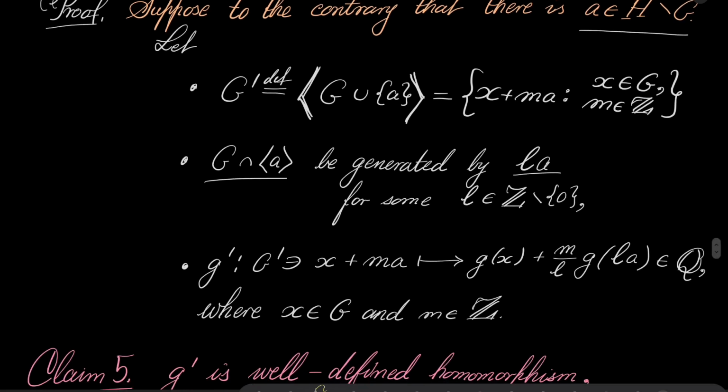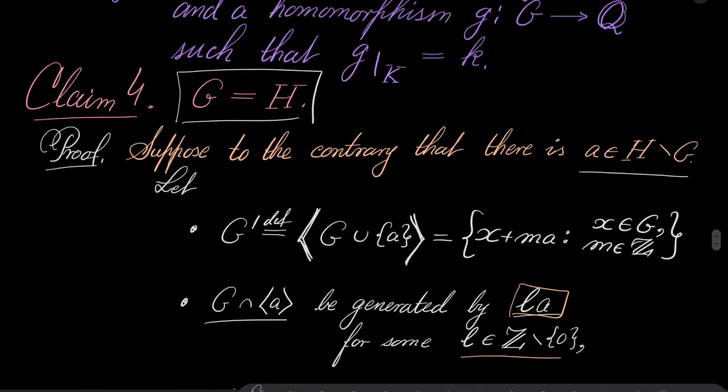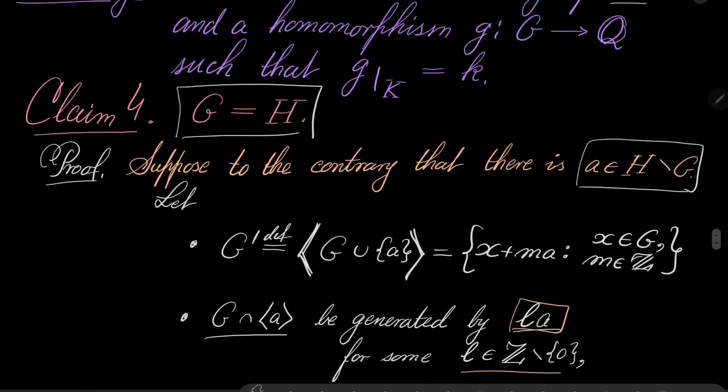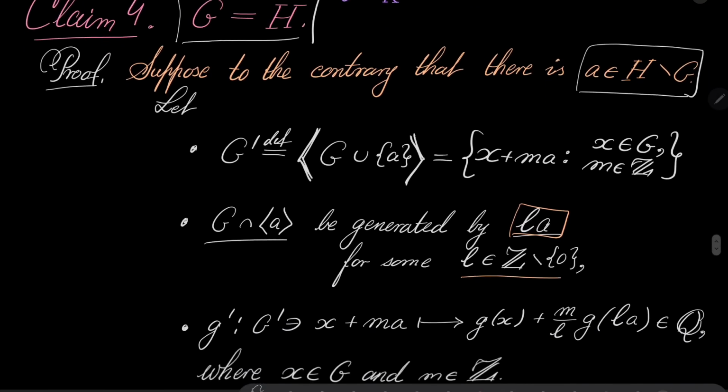Moreover, G intersected with the cyclic group generated by A is a subgroup of a cyclic group, and any subgroup of a cyclic group is again cyclic, so it is generated by some element, and every element of this group can be written as L times A, where L is some non-zero integer. Non-zero because we are supposing that A is not in G, so it can't be zero.